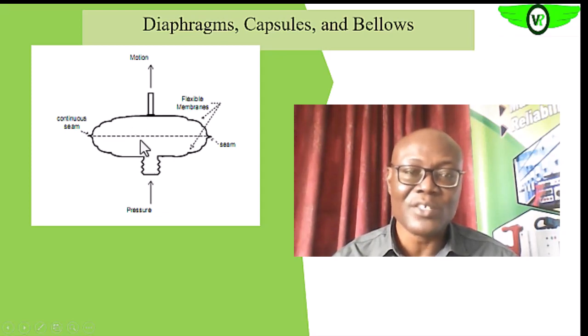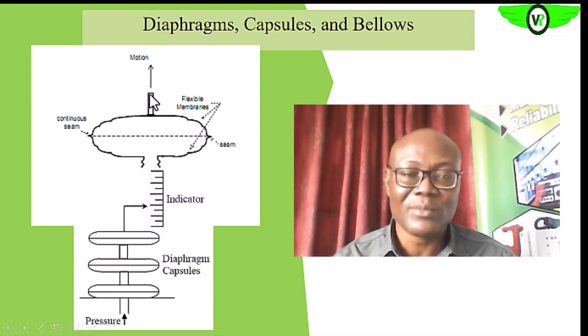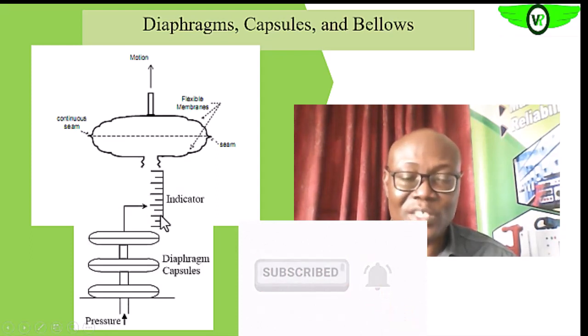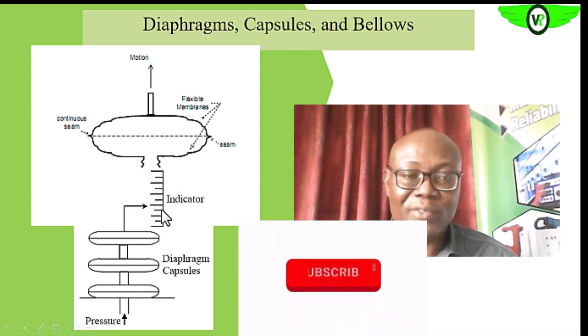So as the pressure increases, the capsule is inflated, okay, and then as it's inflated, it rises, as we saw the other time. You see, it rises, and then it moves the spindle on the indicator, as we saw in the case of the diaphragm, okay.